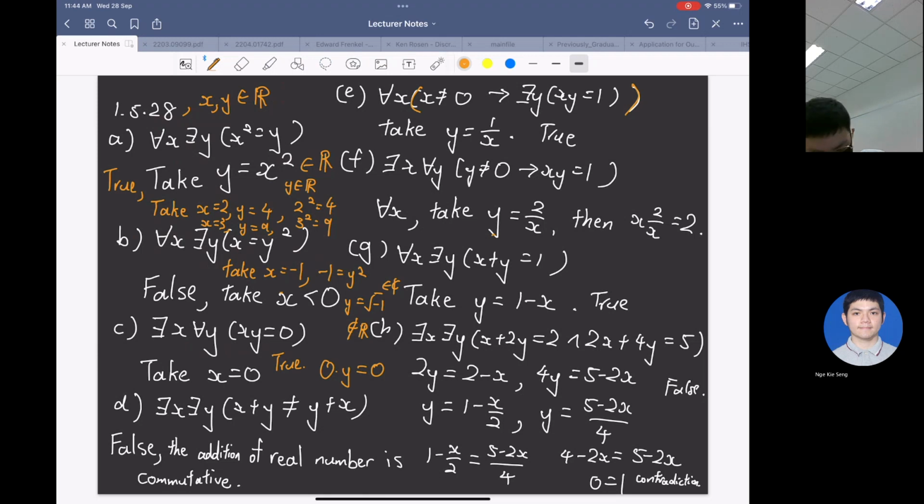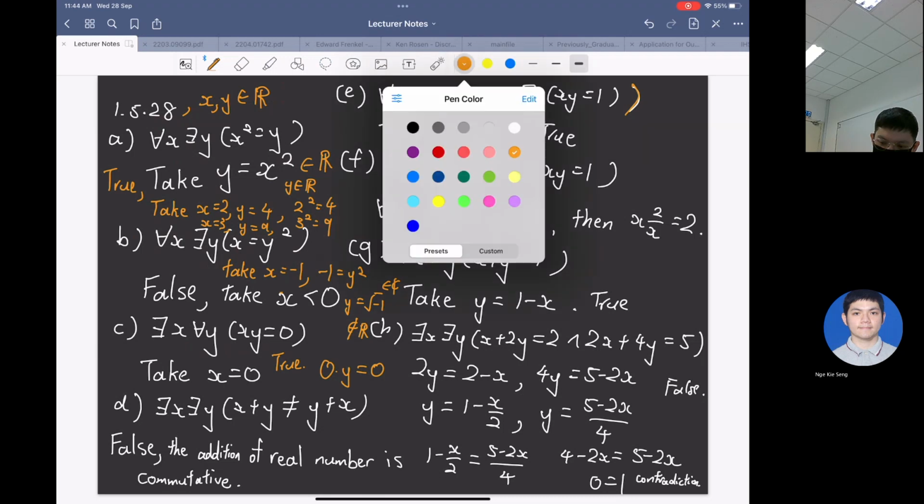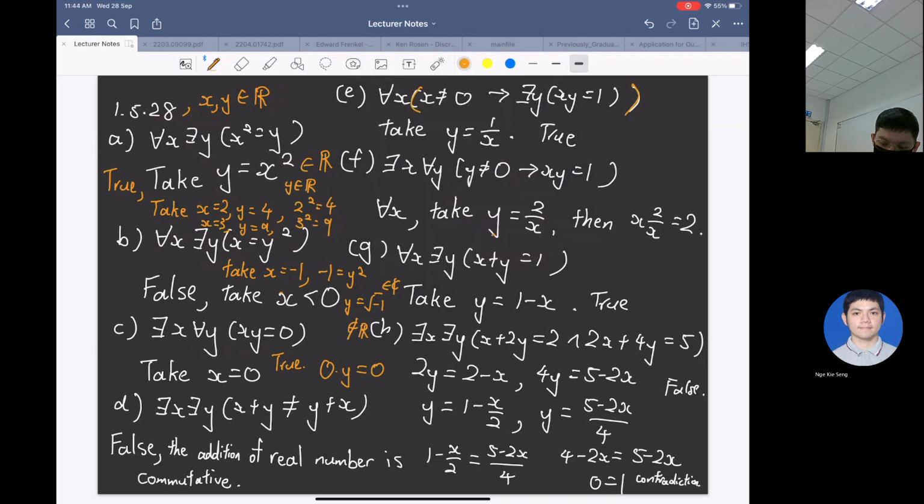D. There is an x and there is a y such that x plus y is not equal to y plus x. True or false? Why? Commutativity. Actually, this is by definition. Addition of real numbers is commutative.